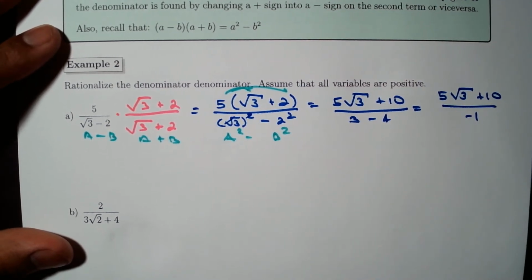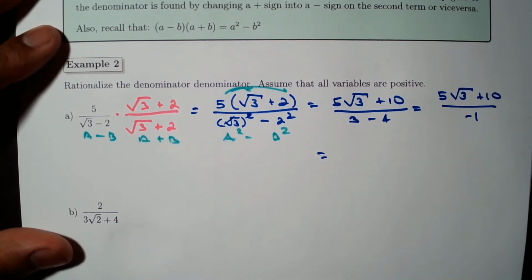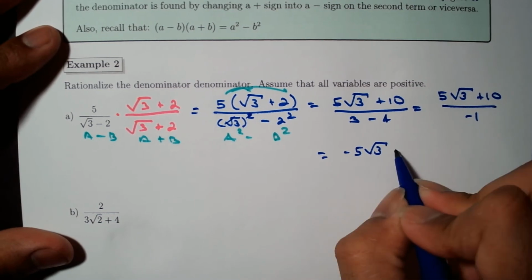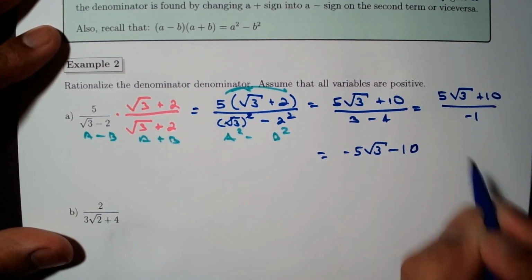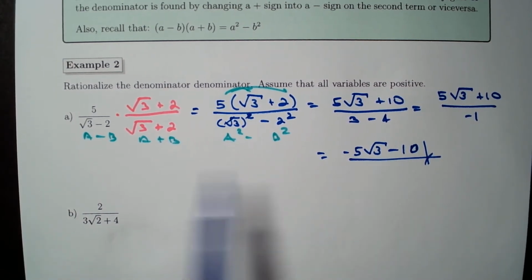You might want to divide by negative 1 by changing the signs of these two terms. And in this case, negative 5 root of 3 minus 10. Final answer. As you can see, this final answer no longer has radicals in the denominator. In fact, it doesn't even have a denominator.